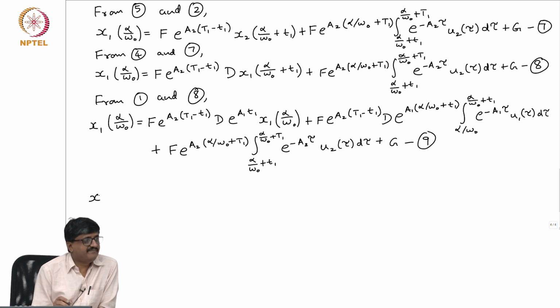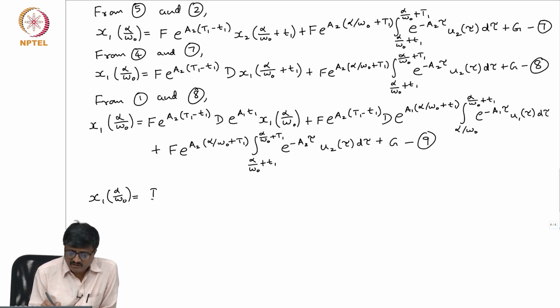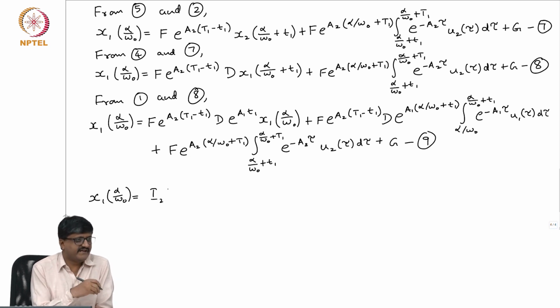If I pre-multiply by the inverse of that, what I get is x1 at alpha by omega O is equal to I. I already used I1 for some other identity matrix.